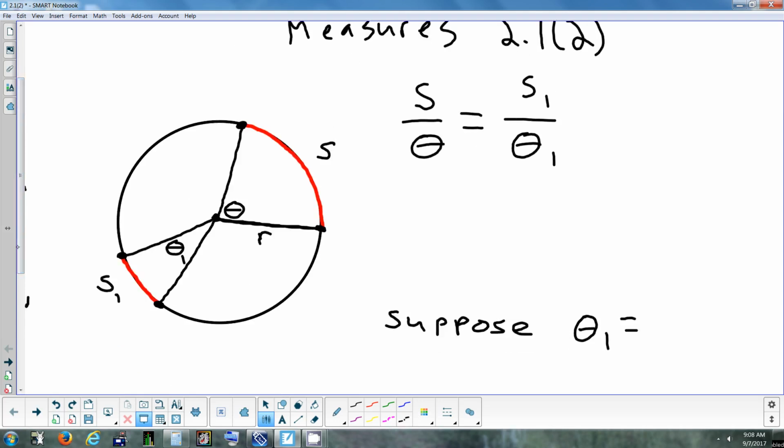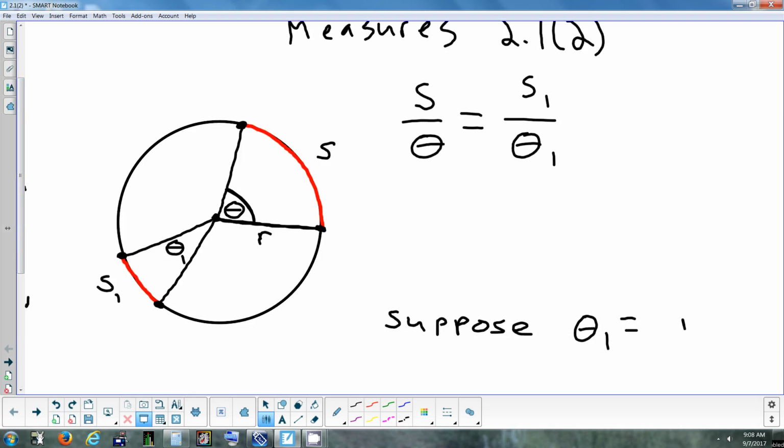All right, so we're going to let theta 1 be something specific. Anybody remember what I said yesterday about if the size of this arc happened to be exactly the same length as the radius, how big that angle is right there? You may remember? Yeah, 1 radian.